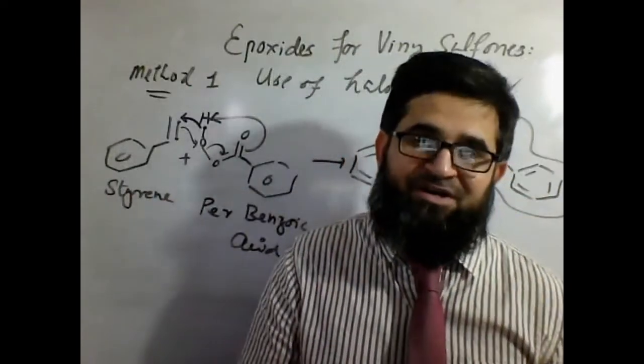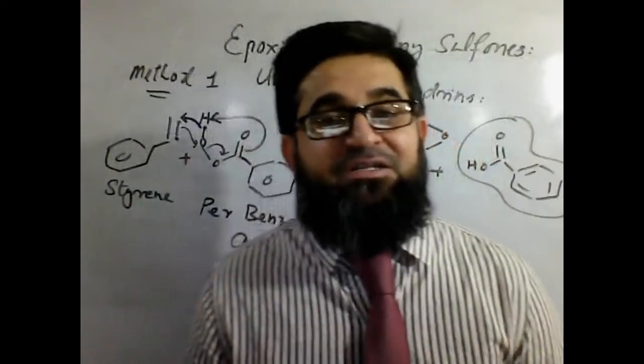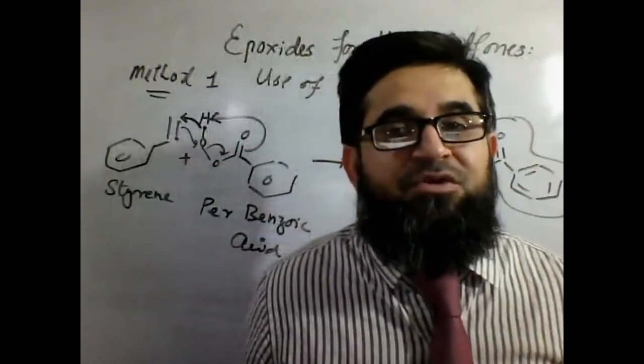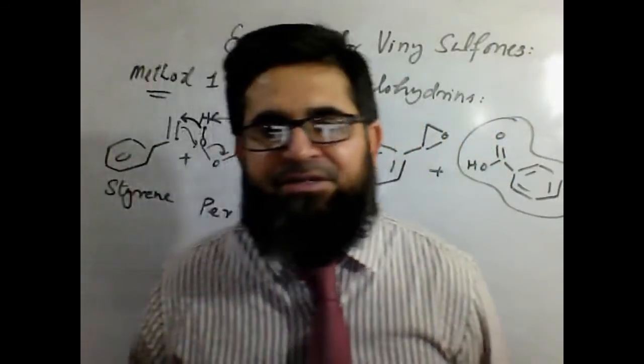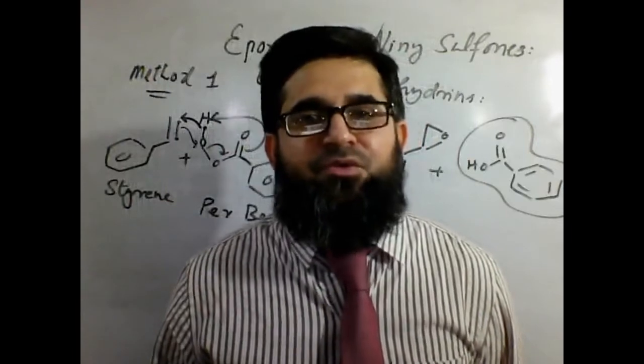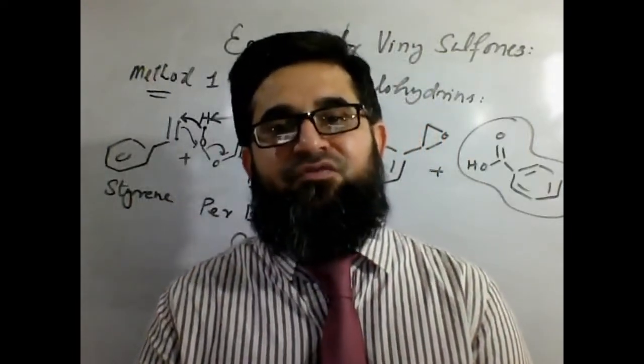Why are we interested in the preparation of epoxide? Epoxides we need here because those epoxides could be made to undergo ring opening reactions, and those ring opening reactions can generate the vinyl sulfones.